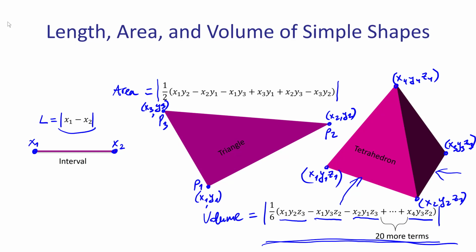I want to remind you also that I started that lecture by saying that length, area, and volume are almost the same, or the same in some meaning of the word same, or generated by the same principle. And from those formulas you cannot identify what those principles are. And this is why we will need a few more definitions from linear algebra to see what the relation is between all of those three.